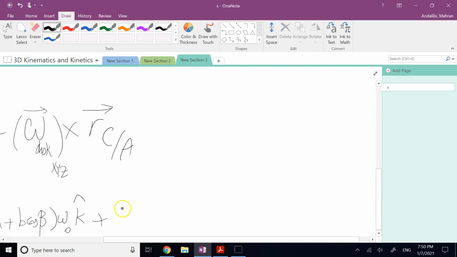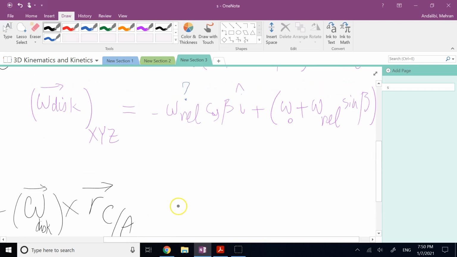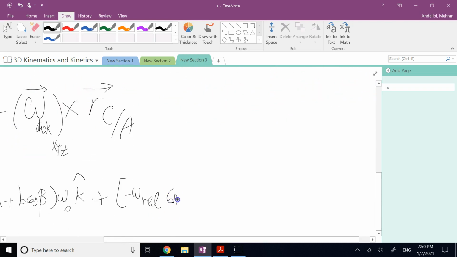Negative omega relative times cosine beta I, and then plus omega naught plus omega relative sine beta j.